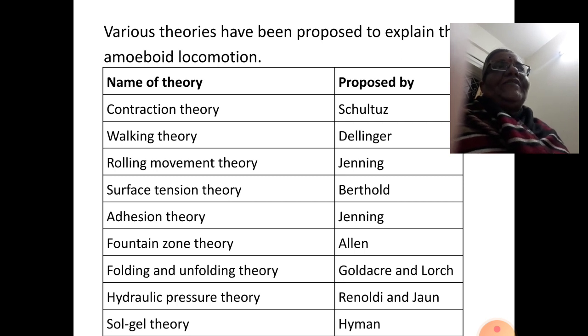Students, you must have heard of Hyman series of zoology books. Same person, she is a lady, has proposed sol gel theory. I think now we have to study the sol gel theory in detail so that you can understand the mechanism of amoeboid locomotion.